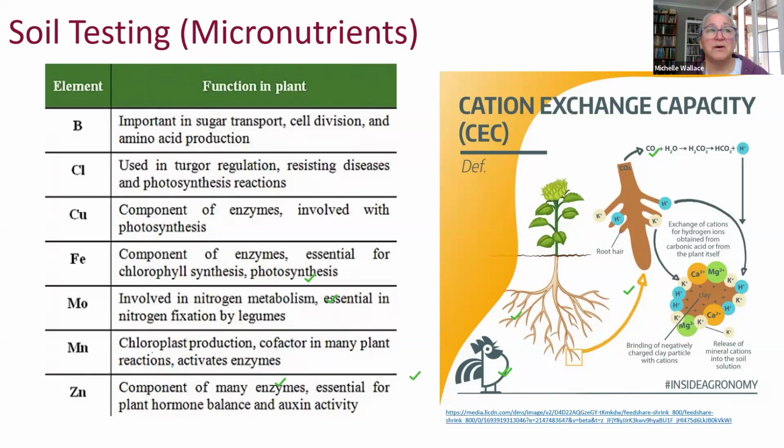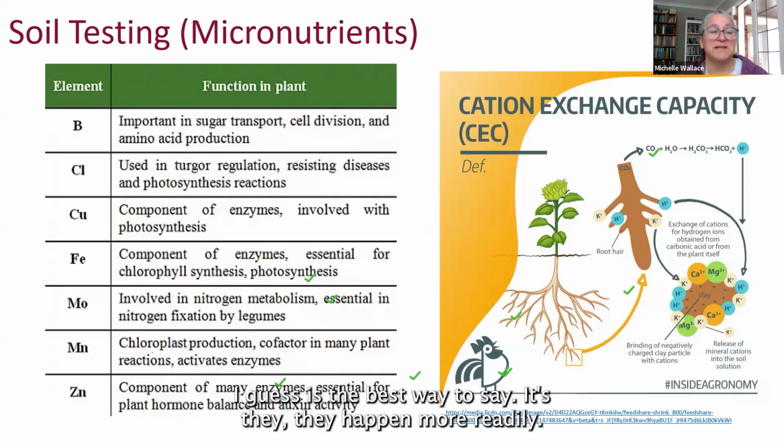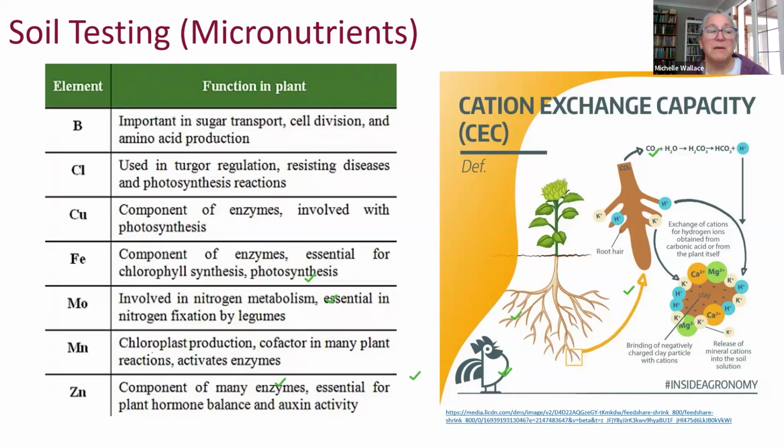The positive and negative charges are able to find each other faster, I guess is the best way to say. They happen more readily. But you have to understand that once you go over the index number of 20, too much isn't always a good thing, and then you have an issue.